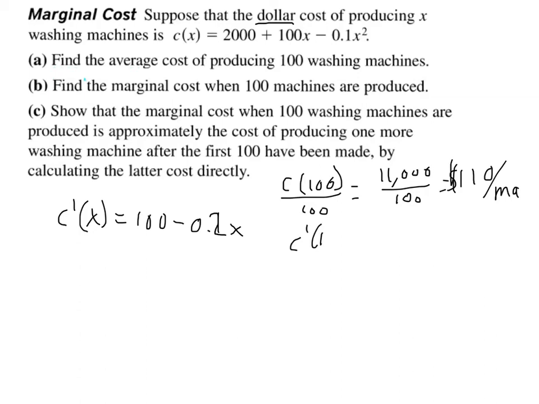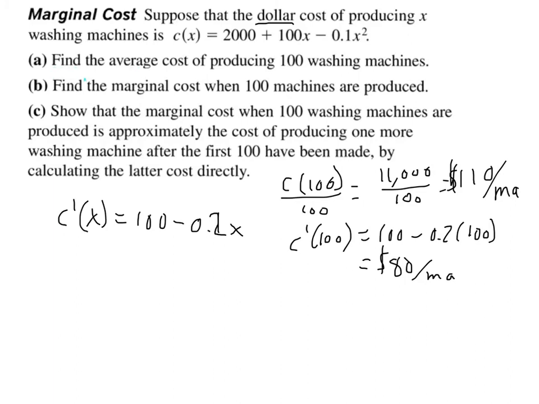So C prime of 100 is equal to 10 minus 0.2 times 100. That would be 20. So 10 minus 20. This is equal to negative 10. And again, that's dollars per machine. So that is the marginal cost when 100 machines are produced.